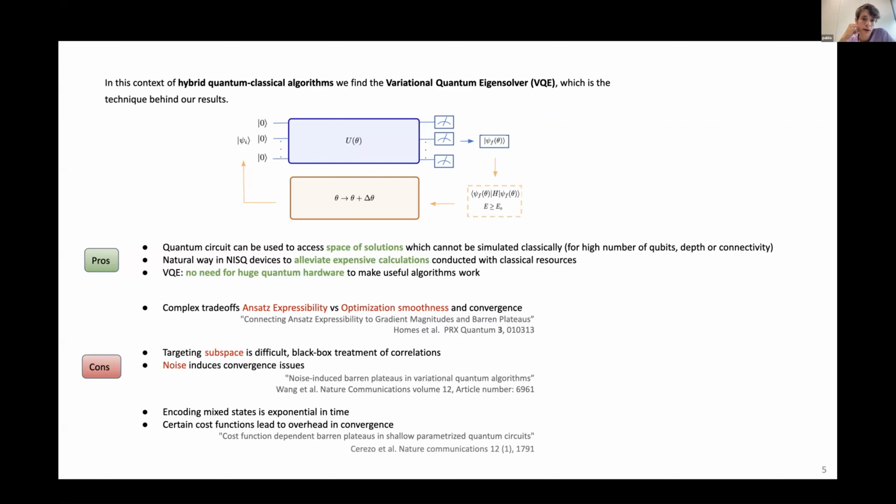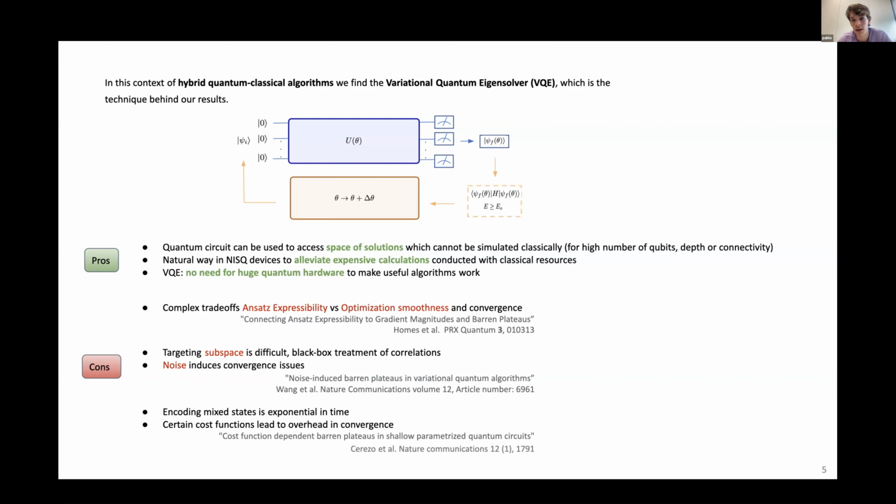You have to be careful with the way you design your quantum circuit and the correlations between qubits. This also links with the following point: it is difficult to target the right subspace of solutions you are looking for from the very beginning. Sometimes the correlations inside your quantum circuit are treated as a black box. You don't really know what you are getting out of it before you construct it.